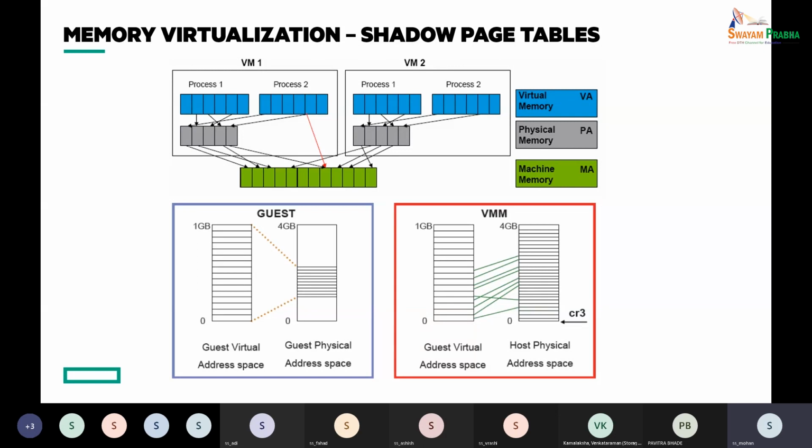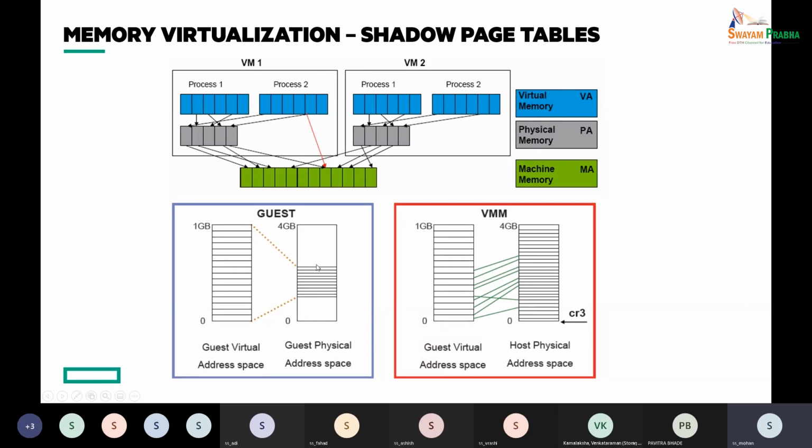The way this is accomplished by VMMs is by something called shadow page tables. The guest maintains a translation from a guest virtual address to a guest physical address space as it does normally. And then the VMM maintains the actual translation from a guest virtual address space to a host physical address space. And the CR3 of the actual processor is inserted by the VMM.